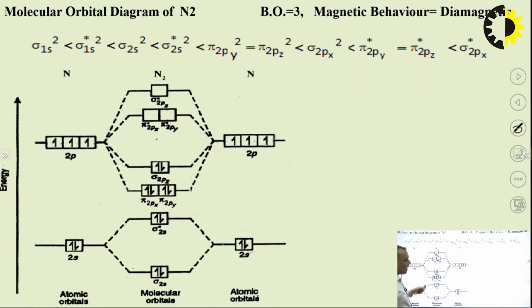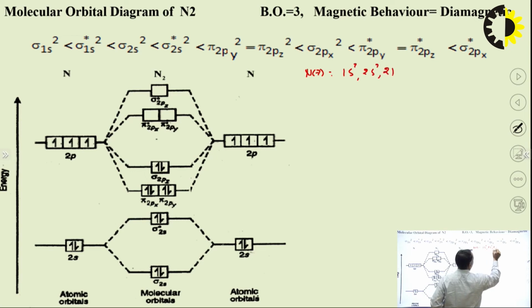So here I want to show the molecular orbital diagram of nitrogen. The atomic number of nitrogen is 7, so its electronic configuration is 1s2, 2s2, 2p3. So 2 nitrogen atoms will overlap with each other and form a molecule.